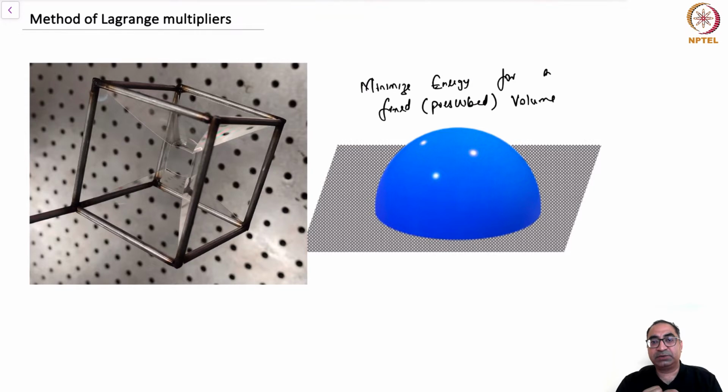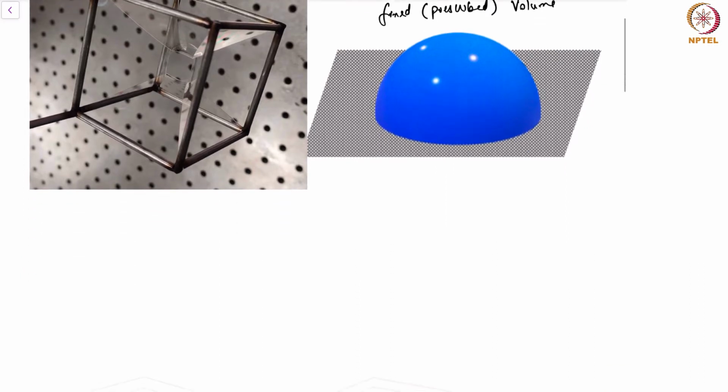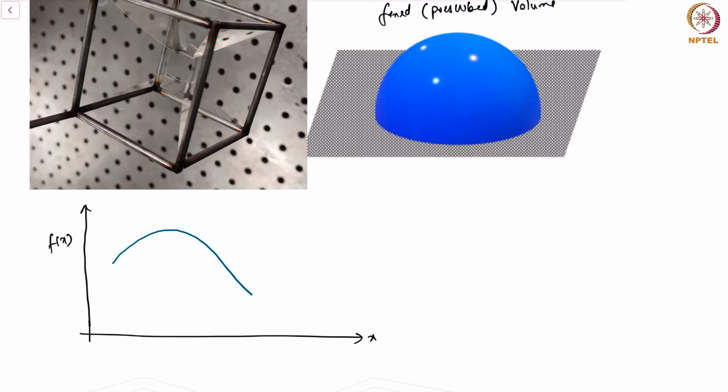So what exactly is this method of Lagrange multipliers, and how do we use it? Let's take a very simple problem before we do this. I am just drawing a simple function. Let's say I take a 2D coordinate system like this, with f of x versus x, and I have some arbitrary function which may look like this.